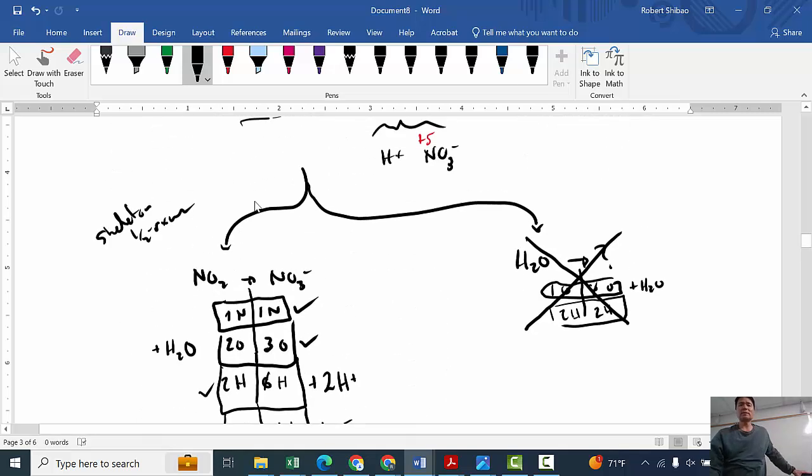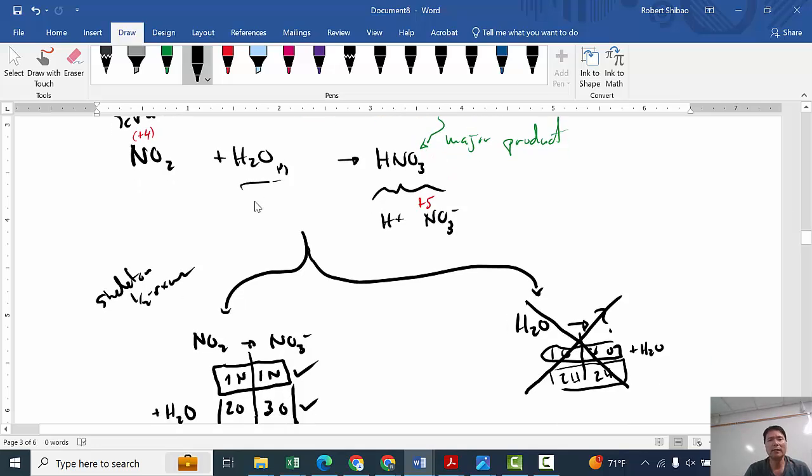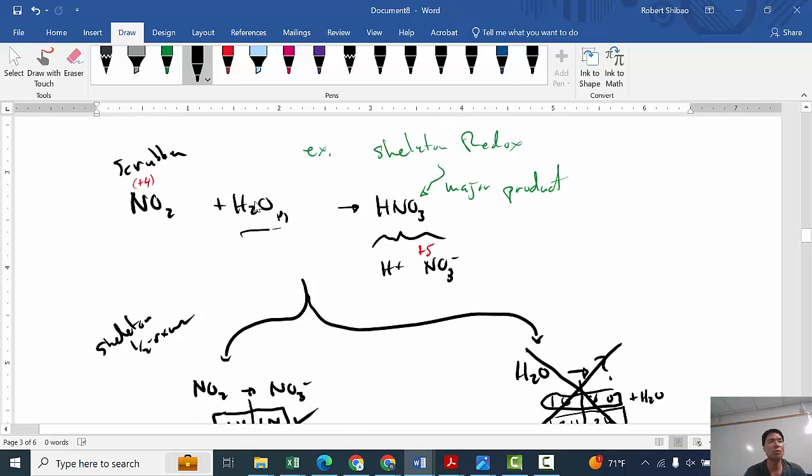Well, maybe I made a mistake here. Maybe, what else do we have as an oxidizer? We have NO2 and water. What else was present? Is there anything else in water that would be a decent oxidizer?